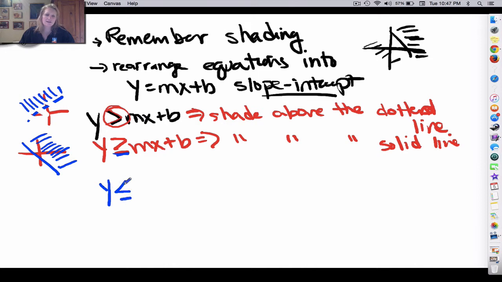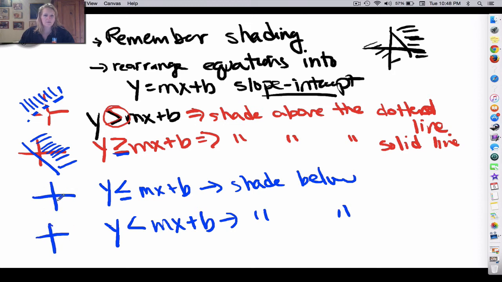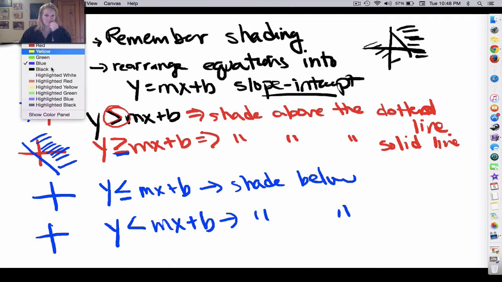If y is less than or equal to mx plus b, you will shade below. And the same goes with this, shade below, but please remember, of course, your dotted lines versus solid lines.